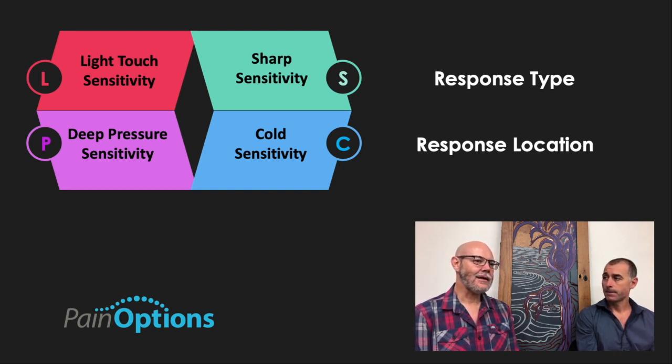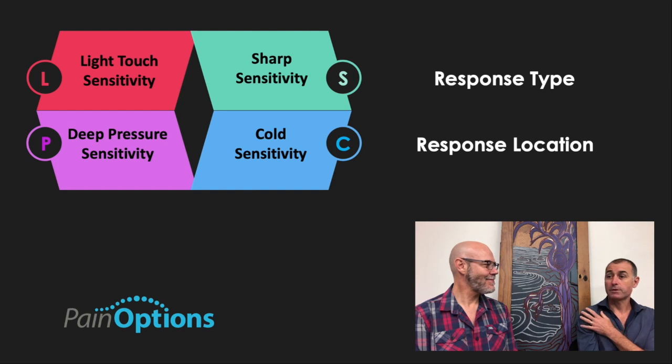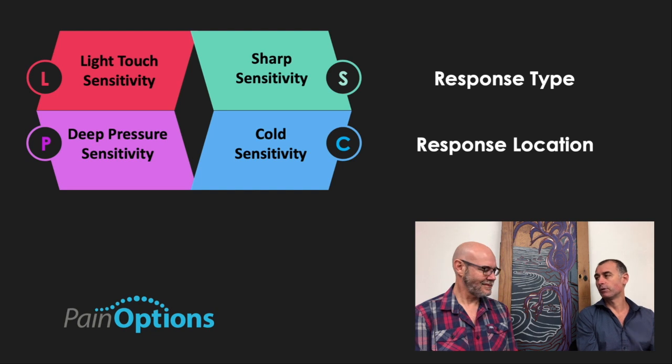And response locations. Obviously you get a response one way or the other around where you're applying the stimulus, which is important, and that's very helpful when, for example, on a limb, you can compare it to another limb, so it's easy to see a difference. But then the response location might be more varied or widespread than that. We think of distal referral of symptoms.